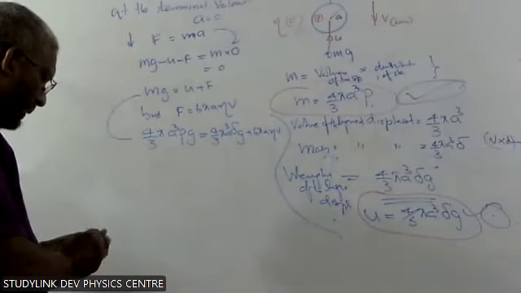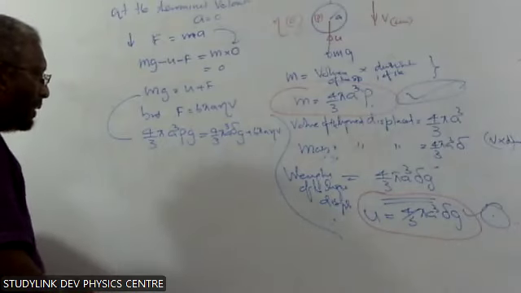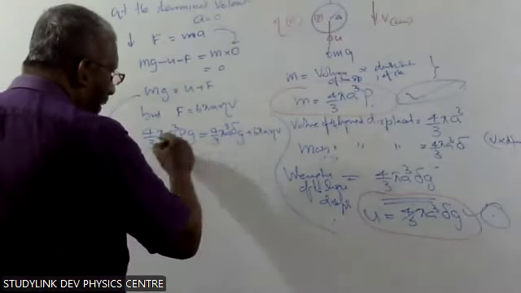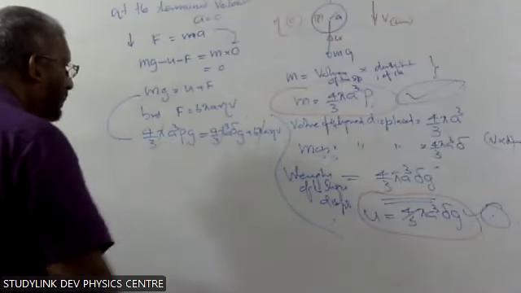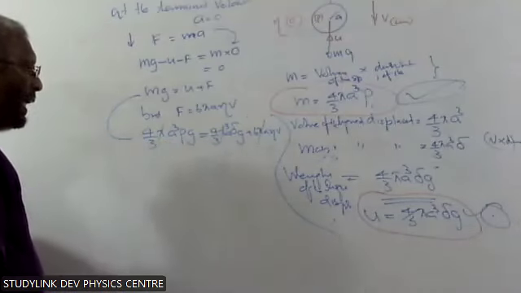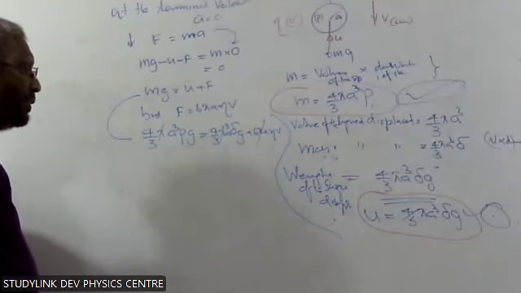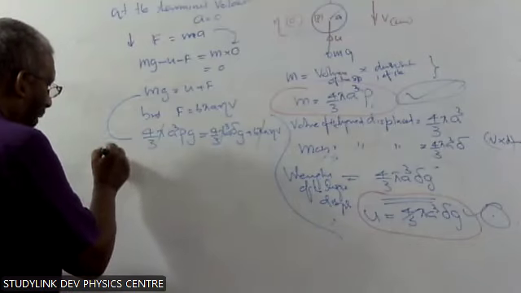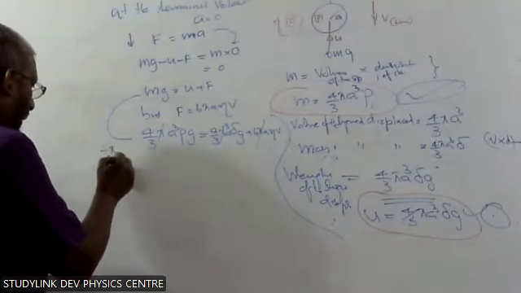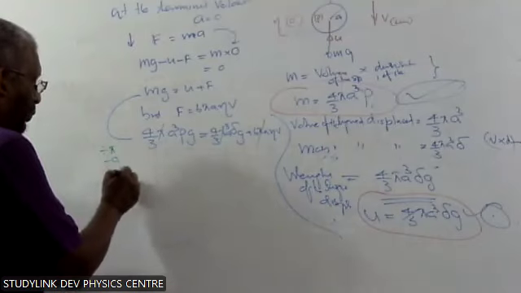Then look at this. When you look at all the terms, there are 3 terms here. Pi is common, I divide it by pi. And here you can divide it by a also. Divide it by pi, divide it by a, divide it by 2.